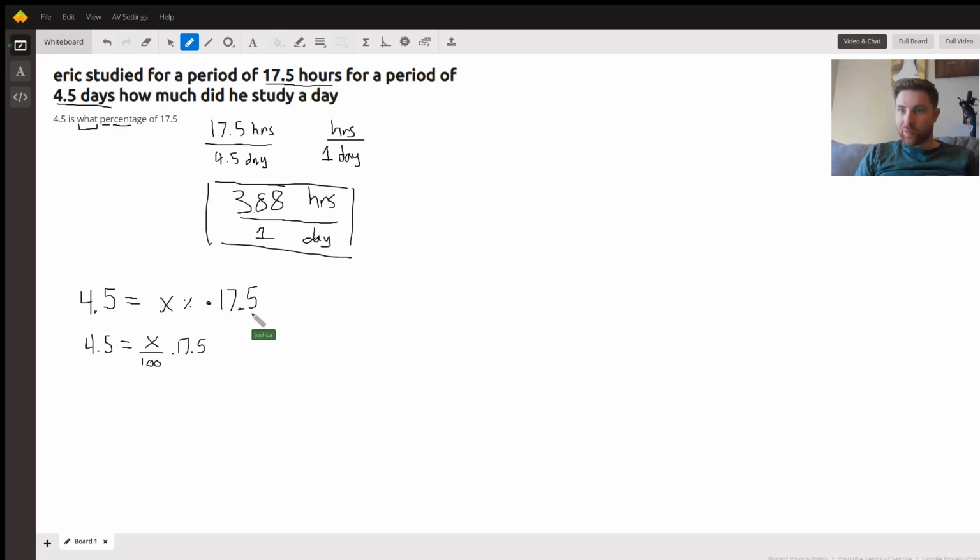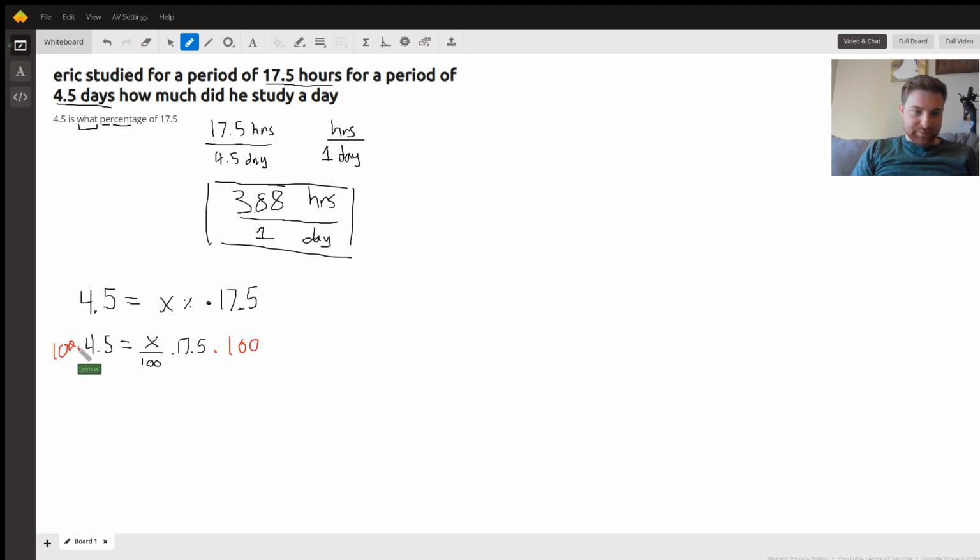Okay, so now we're in happy math land. We just need to solve for X. I want to get X all by itself. X is an introvert. It wants to be by itself. It wants everything else on the other side. So one way we can do that, let's see what happens when we multiply by 100 on both sides.